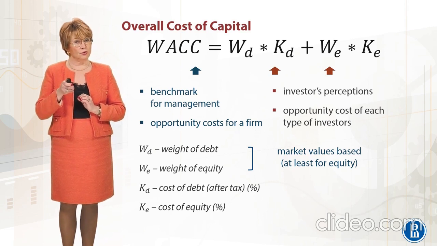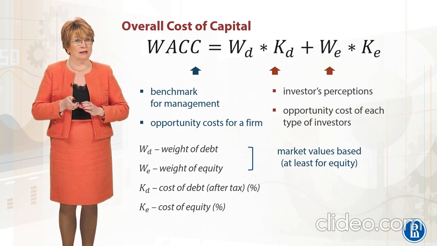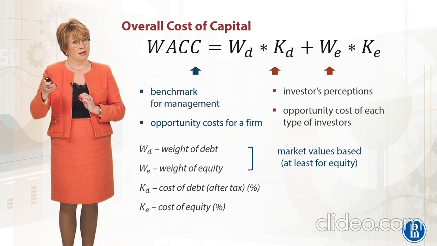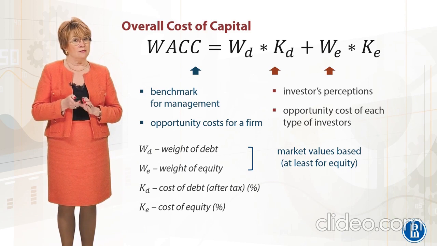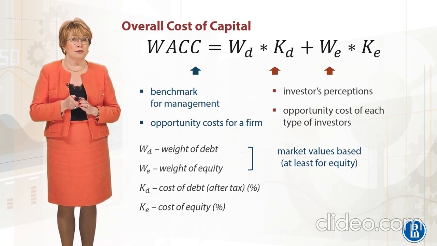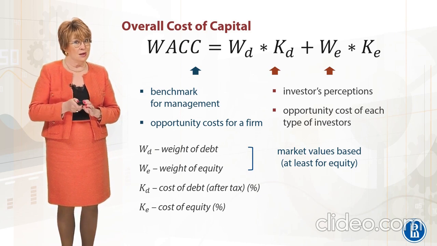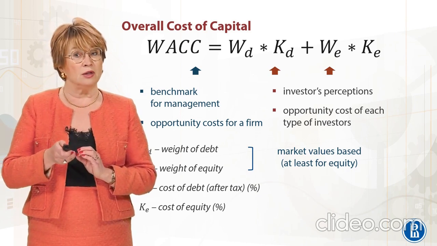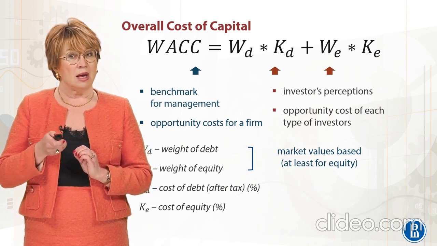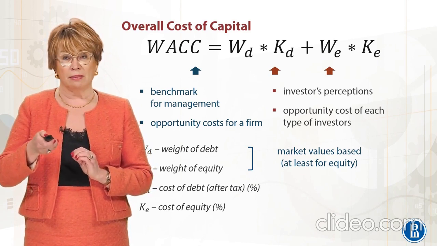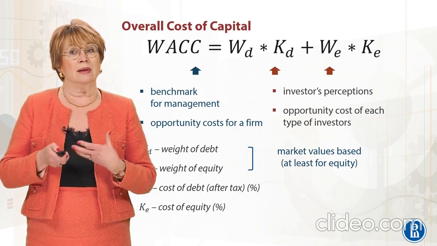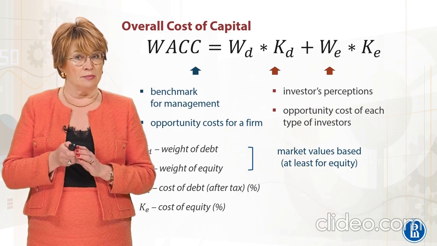I would like also to remind you, and that is shown on that slide, that the proportion between debt capital versus equity capital is better if it's calculated on the basis of market values, at least on the basis of the market value for the equity capital. Why am I saying at least? Because equity capital is publicly traded. So we are now talking about an open company, a publicly traded company.